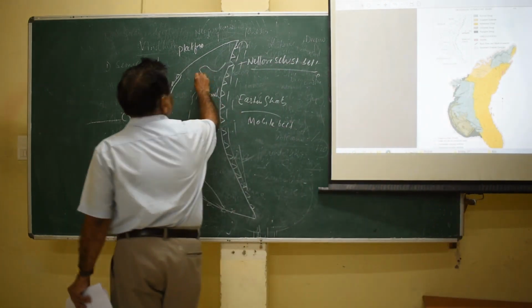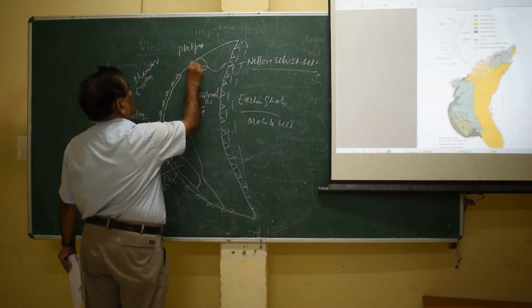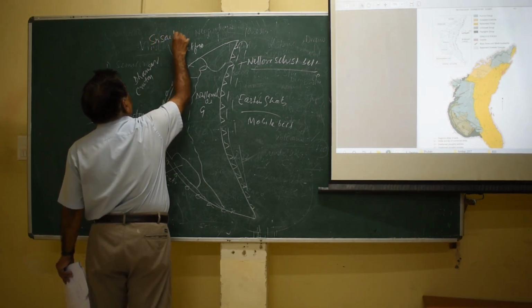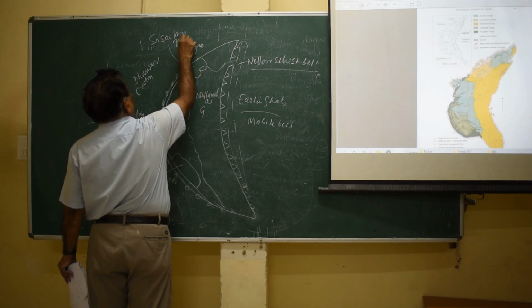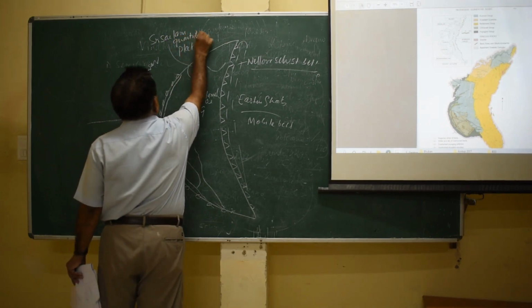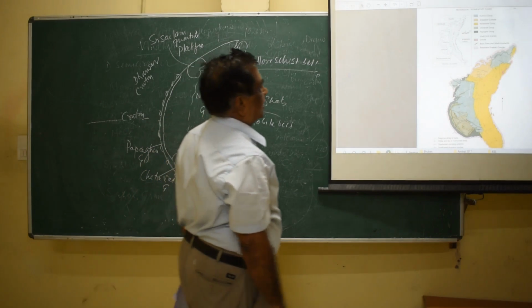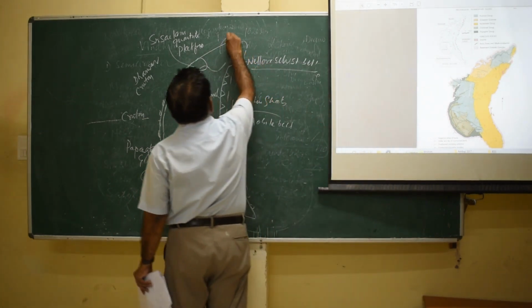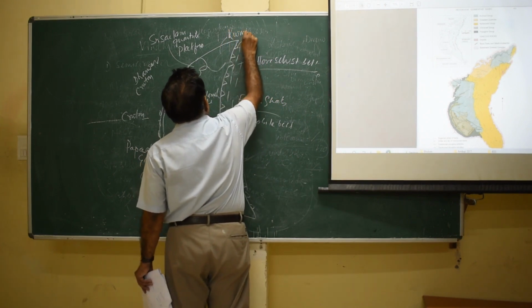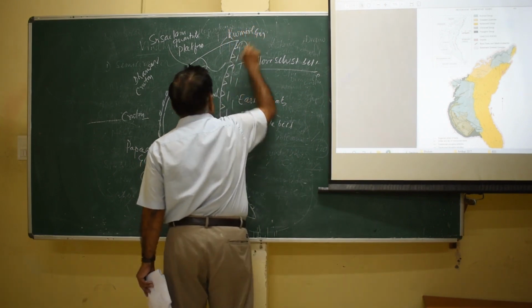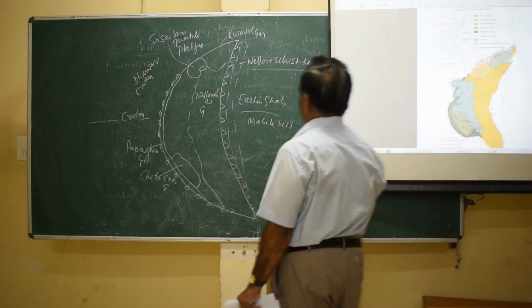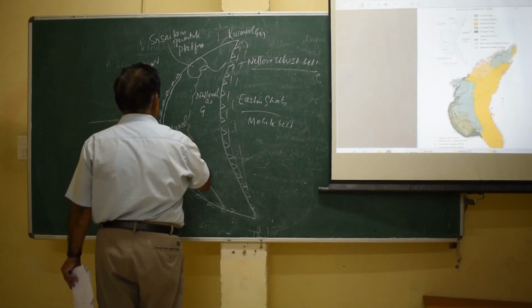Next is Srisailam quartzite, somewhere here. Then the last one is your Kurnool group. This is your Kurnool group. This one is also Kurnool group.